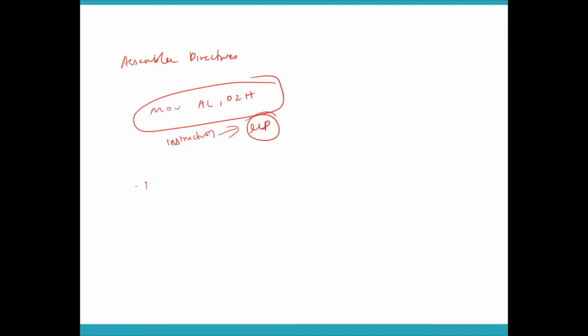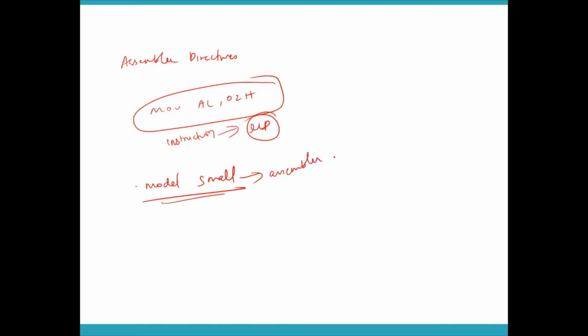So if I write something like this, mov AL, 2H, is this an assembler directive? No, right? This is an instruction. This is an instruction to whom? This is an instruction to the MUP. But if I write .model small, this is an assembler directive. This is not an instruction to the MUP. This is an instruction to whom?